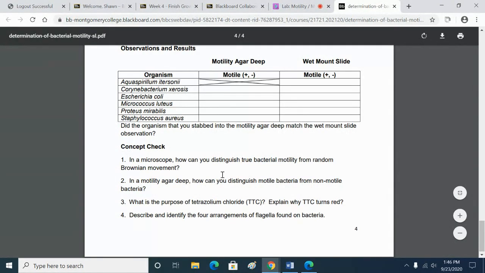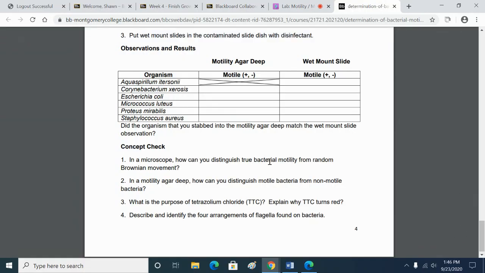So, in a microscope, how can you distinguish true bacterial motility from random Brownian movement? So you guys answer. Looking through a microscope, how do you know the bacteria are actually motile?